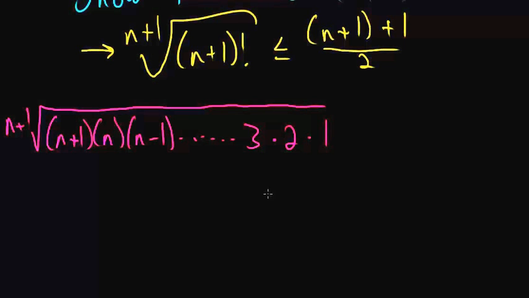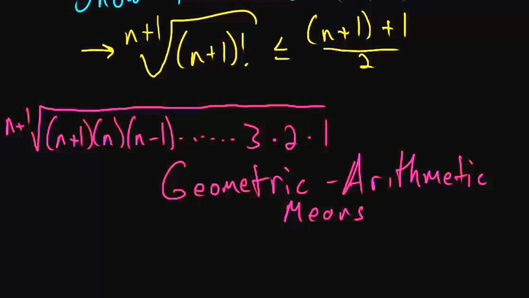If you're familiar with the geometric mean, you'll notice that this is exactly the geometric mean for the set of these n plus 1 terms here. One idea that we can use involving the geometric and arithmetic means is that the geometric mean, which I'll just say GM, is always less than or equal to the arithmetic mean.